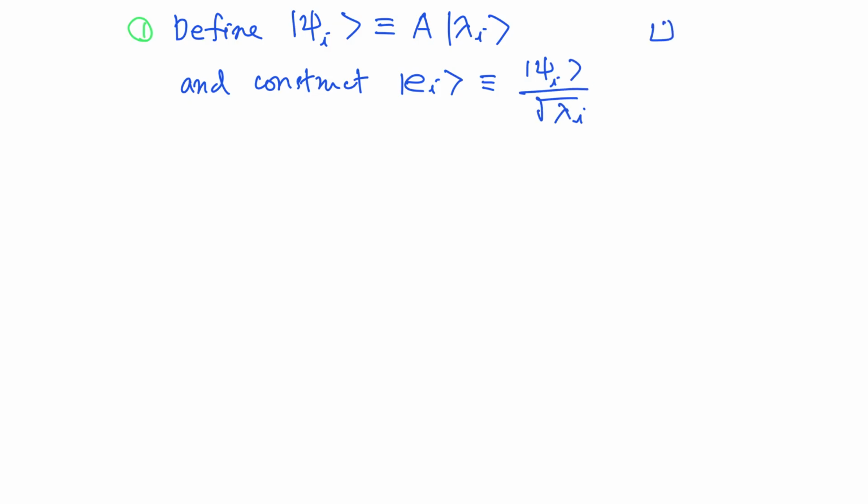This is called psi, and this is called phi. These are the most common Greek letters used in physics, especially quantum physics.